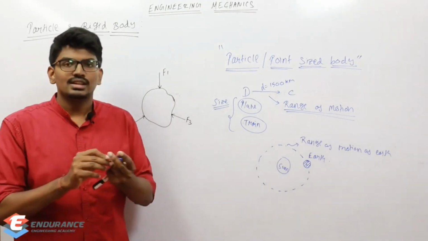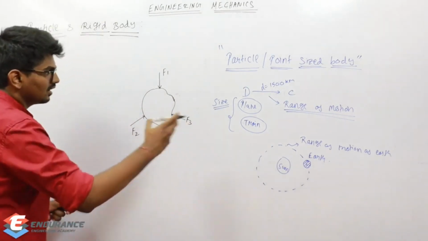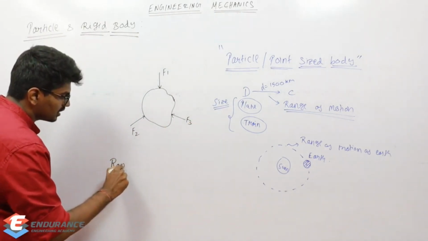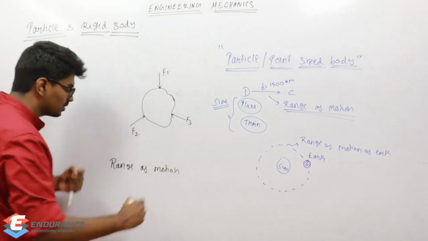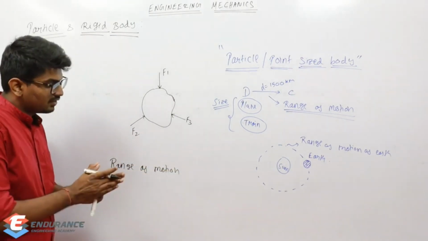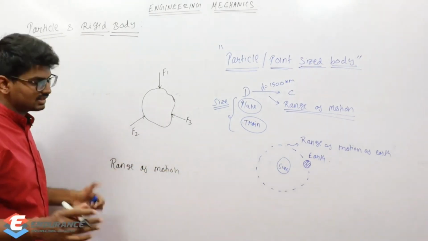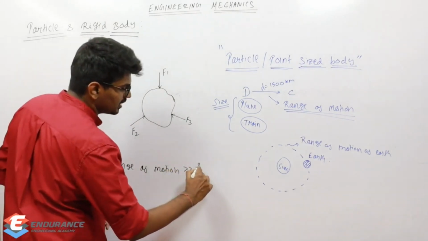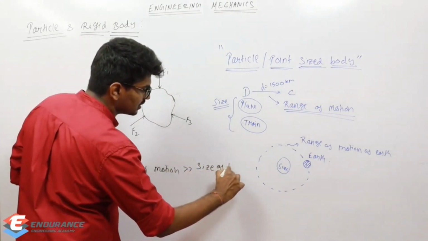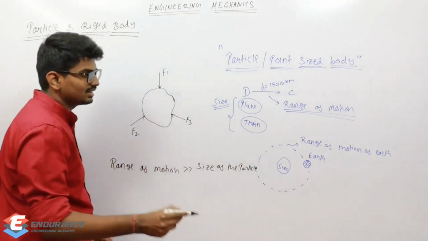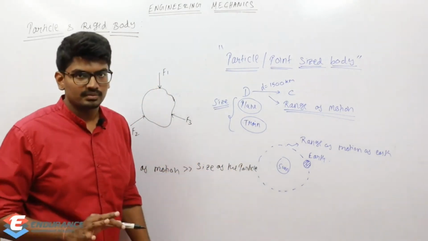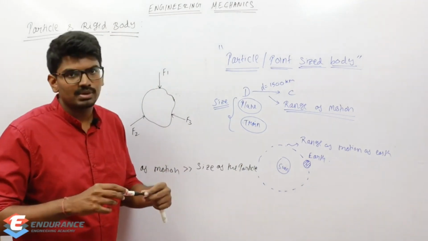And when this happens, what? When the range of motion of that particular body is very large compared to the size of the body, here we are going to treat that particular body as a particle. When can I treat any body to be a particle?